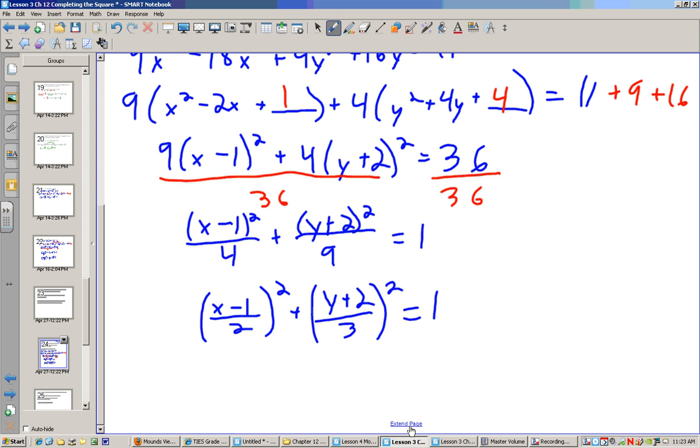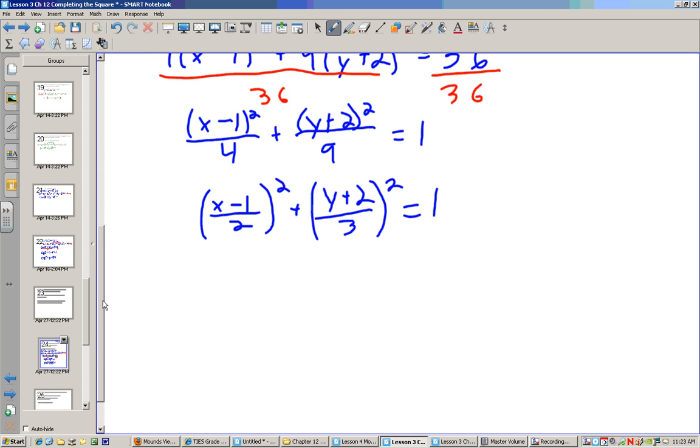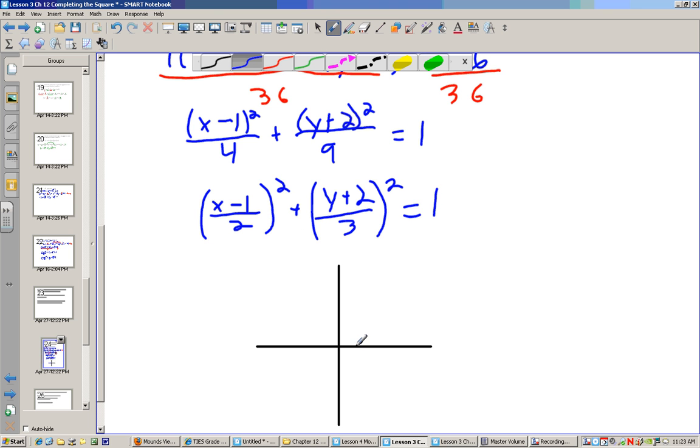Now if we wanted to make a quick sketch of that, we go to the right one, down 2. That's the center of our ellipse. It stretches out 2 to the left and 2 to the right.